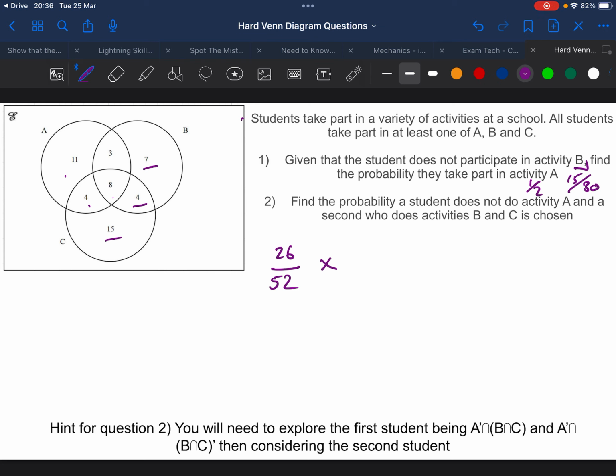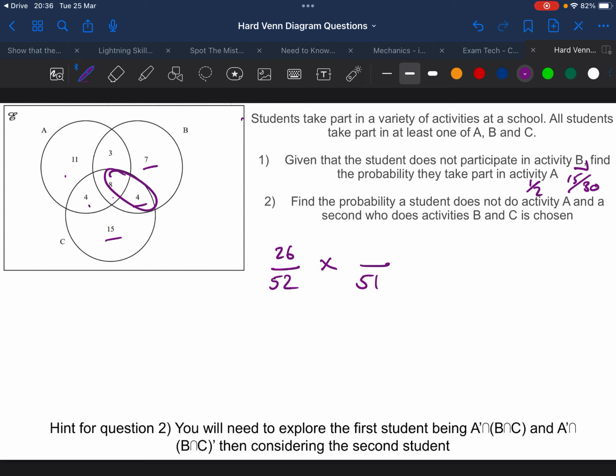And then a second who does B and C is chosen. Well, there's a couple of things to watch out for here. First of all, there's the idea that we've already picked someone, so it's not out of those 52 anymore. That's the first idea.